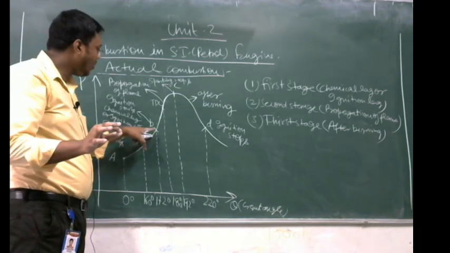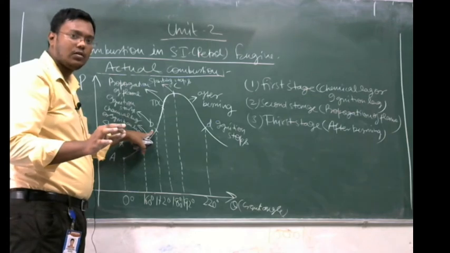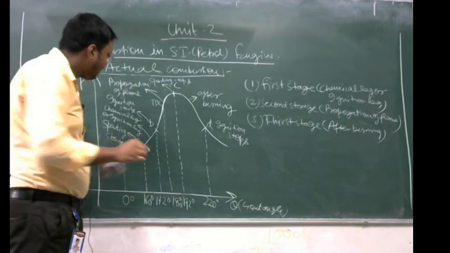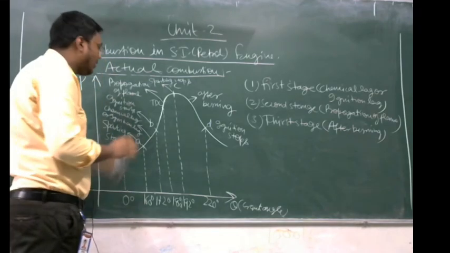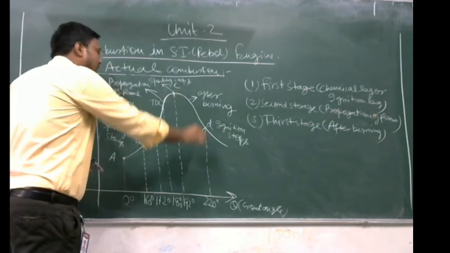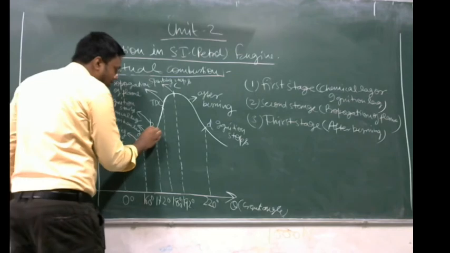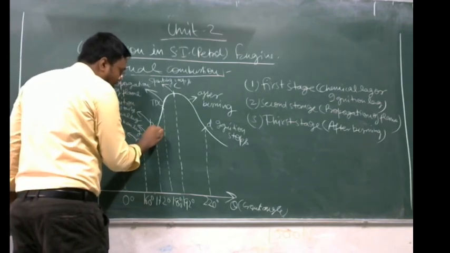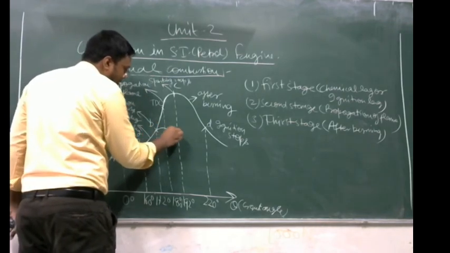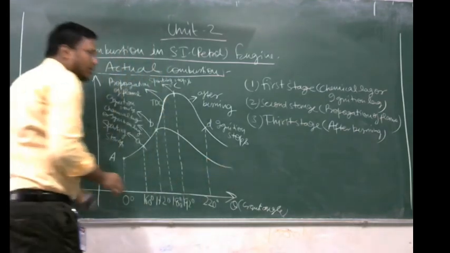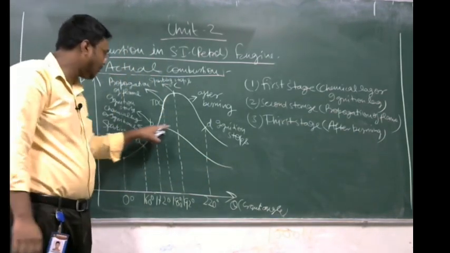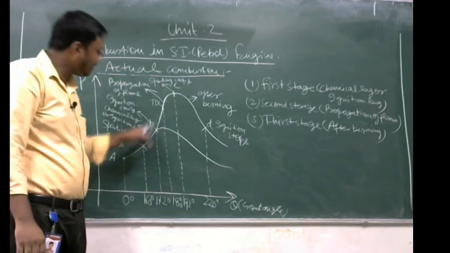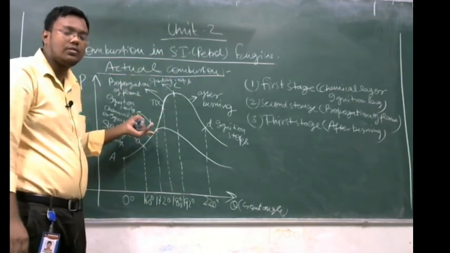Then how would you draw the curve? We cannot draw the sharp curve; we have to draw a downward curve from point B. Pressure will not increase rapidly because combustion does not take place due to some problem.